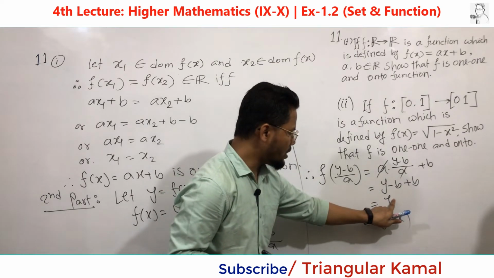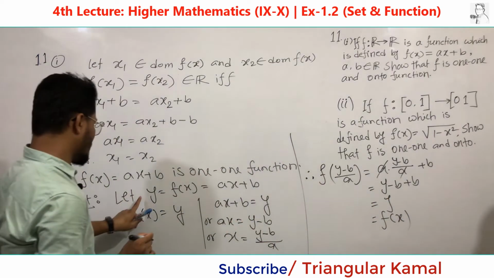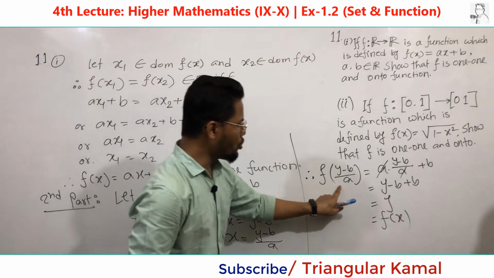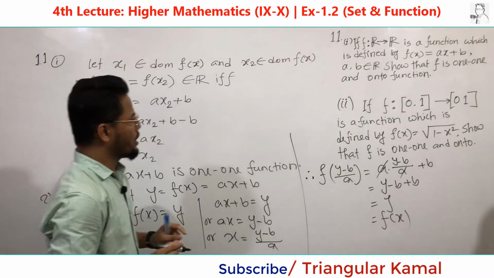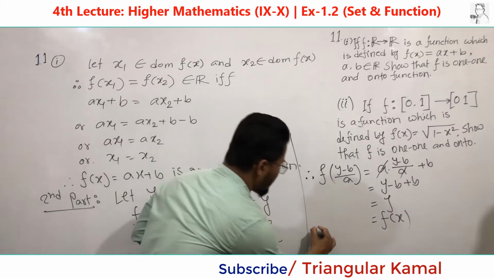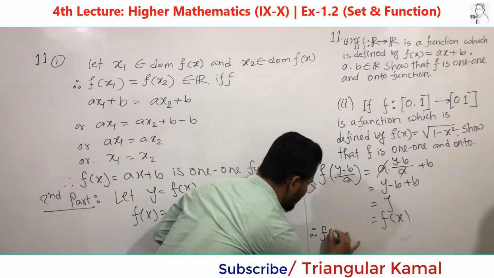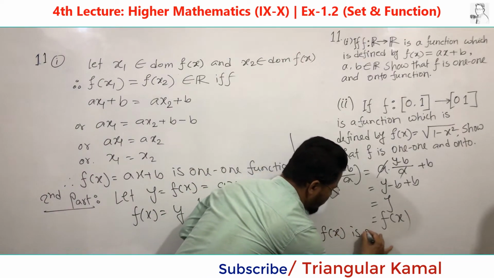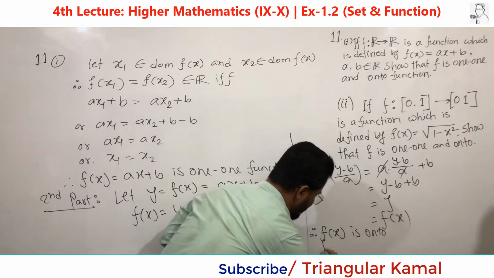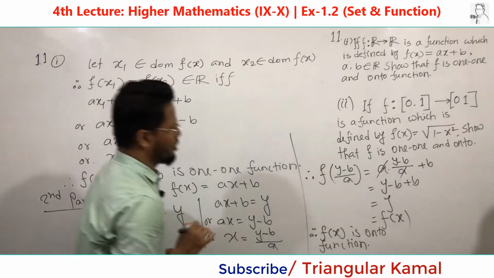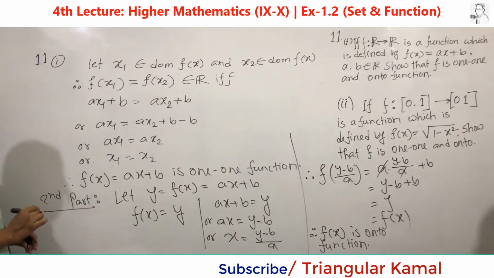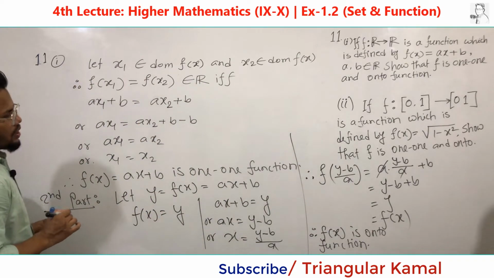This one is the range of the function, and so codomain and range are both the same here. That's why we can say f of x is onto function. Now we will do question number 2.